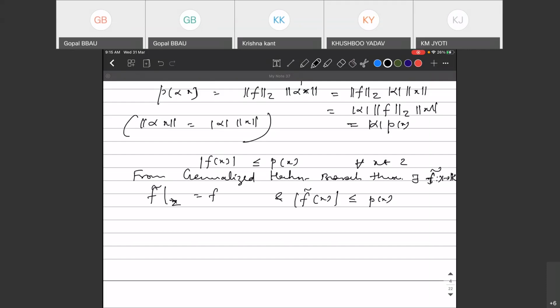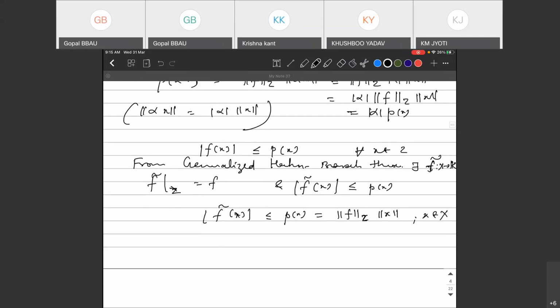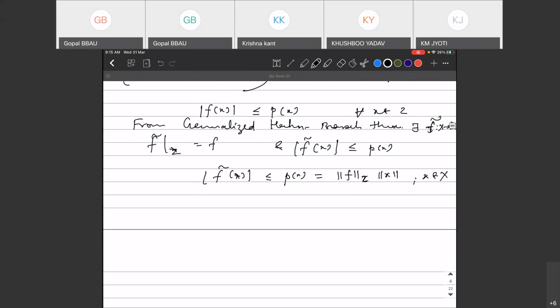Correct? Okay. So here what we get is mod of f tilde(x) is less than or equal to p(x), which is nothing but norm f times norm x, for x belonging to X.